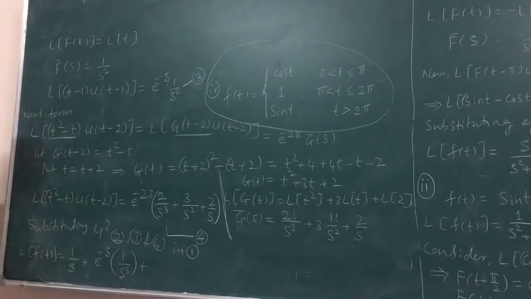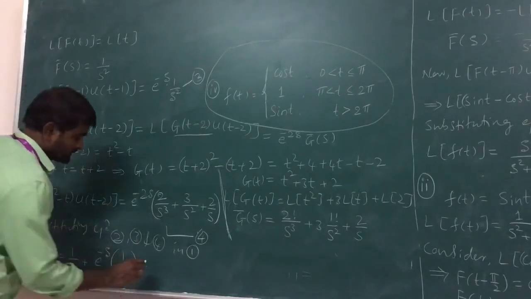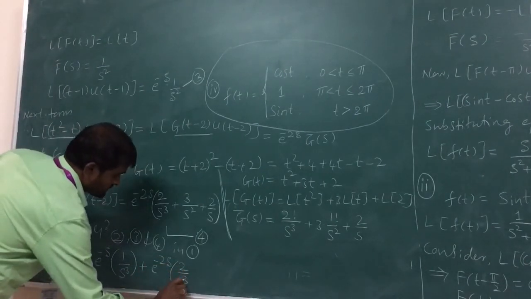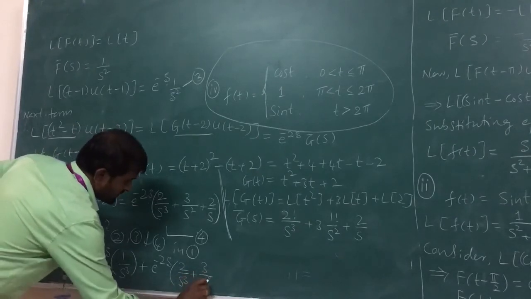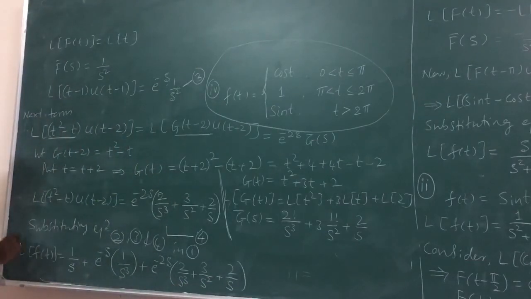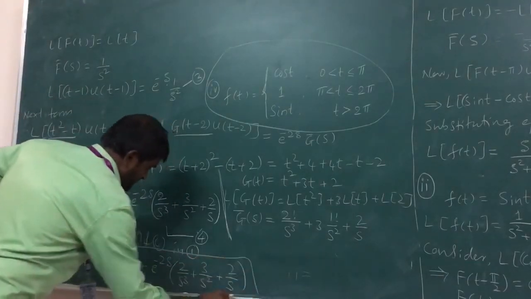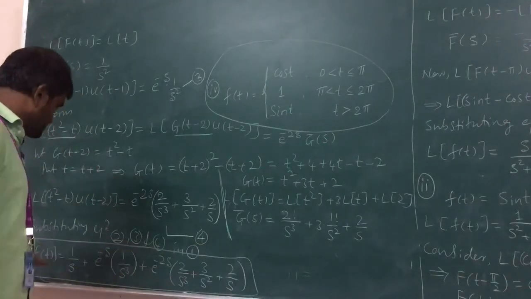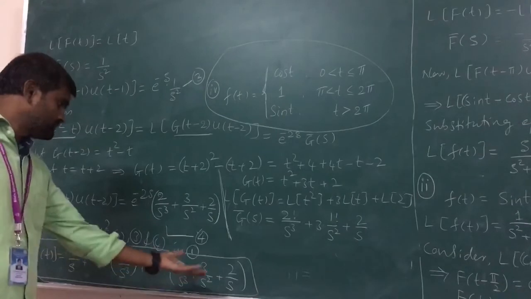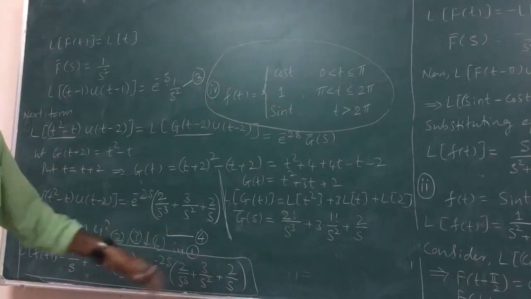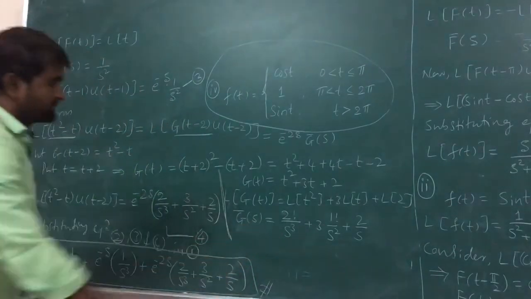Plus, equation number 4 is e raised to minus 2s into 2 by s cube plus 3 by s square plus 2 by s. This is the required solution of this third example. No need for further simplification because there is no common term; if you want, you can take something common. Otherwise, this is the final answer to the third example.